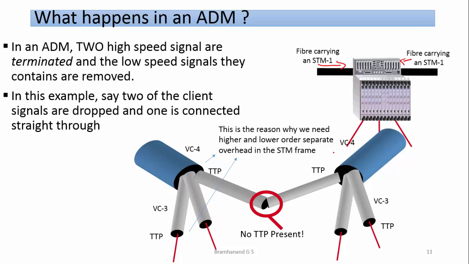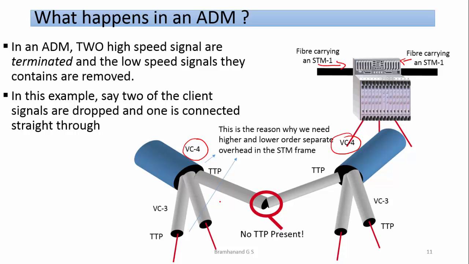Now let's say that this is an STM1, so we will have 2 VC4 trail termination points terminated into my ADM.